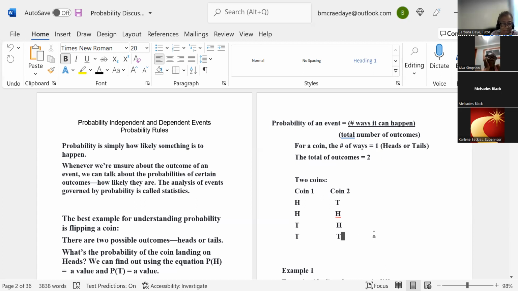Now, looking at these, what would you say the probability is? And we write it like this. Probability of 2 tails.